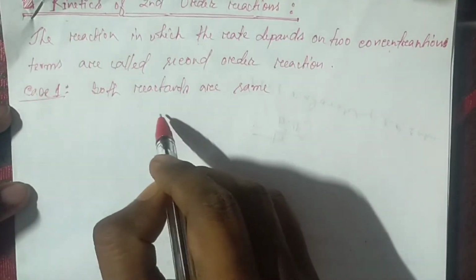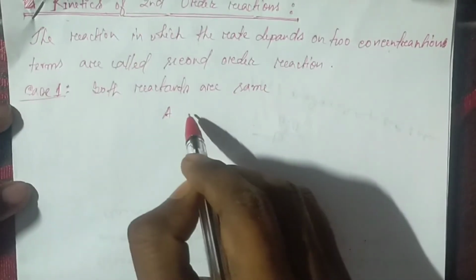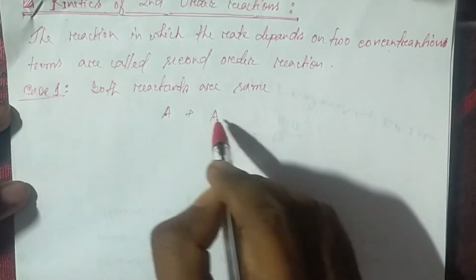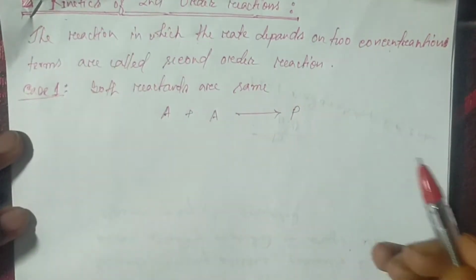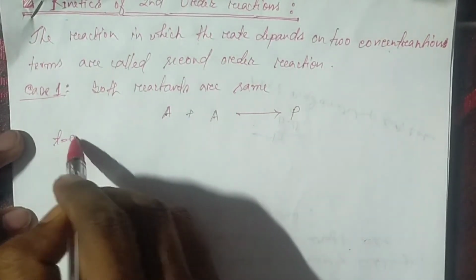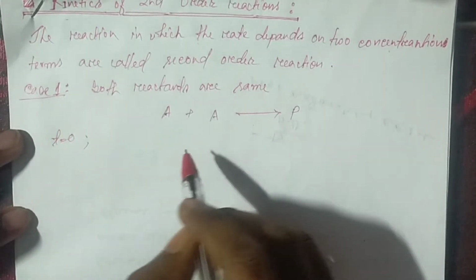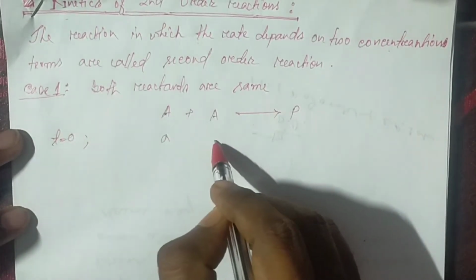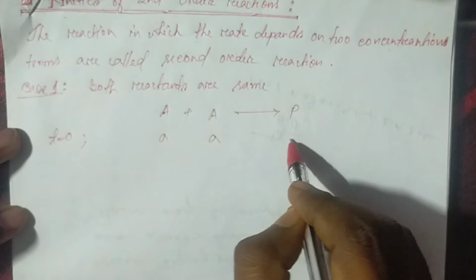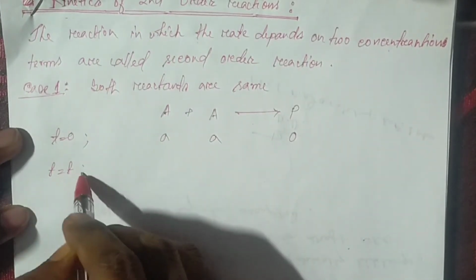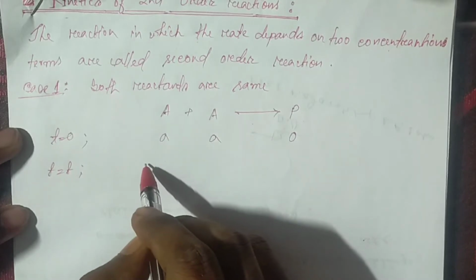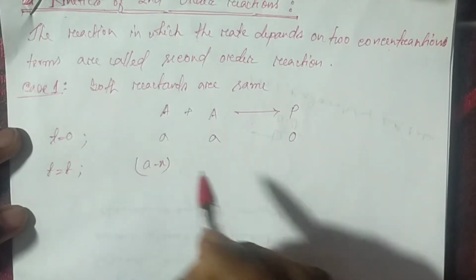Let's say A and A are the reactants and they give a product. At time 0, the initial state, there will be a amount of reactant and 0 product. When time is t, it will be a minus x.